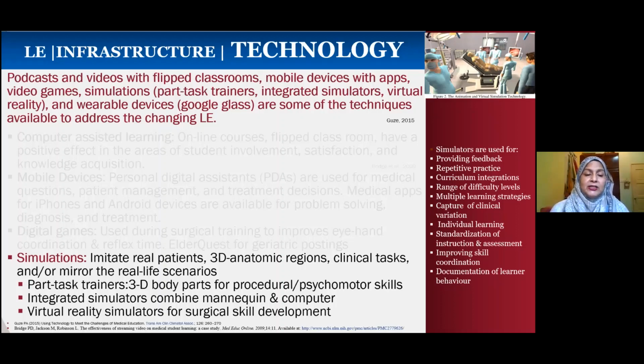Integrated simulators combine mannequins and computers. So the mannequins are there, and then you inject a drug into the mannequin, and the computer will show what changes have taken place inside the body of that mannequin. It's a very, very high-tech gadget, but it helps the student in understanding how the body responds to different drugs and all that.